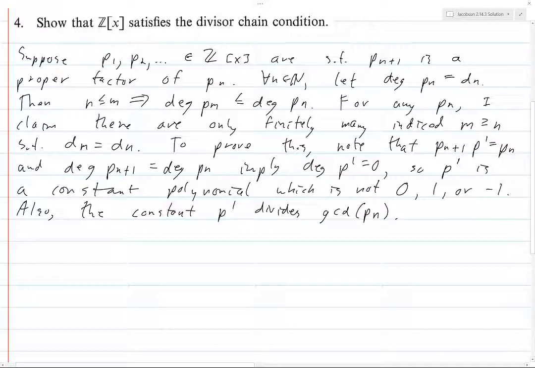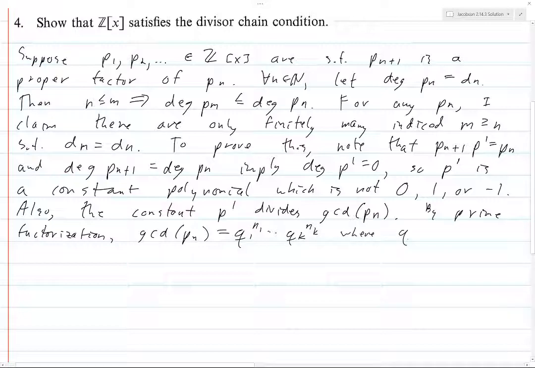By prime factorization, which we can do in Z and that's important here, the GCD of Pn is equal to Q1 to the N1 all the way up to QK to the NK, where the Qi are primes.